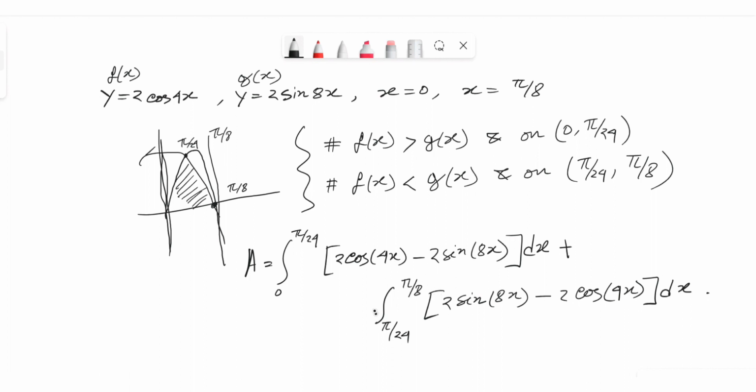By solving this, we will get the area of the given region.